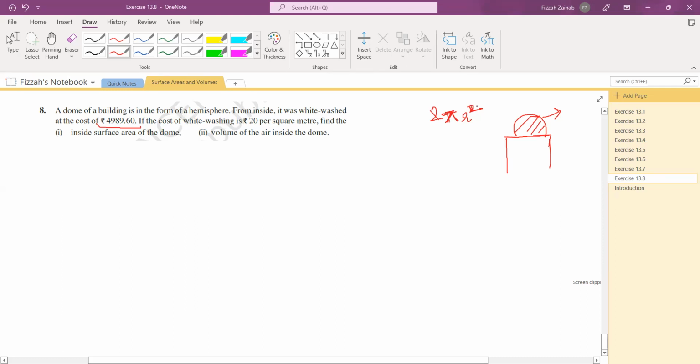Now, in this question, you are not given what is the radius, right? Not the inside radius, not the outside radius. So we will simply use r. We will find the answer in terms of r only. So let the inner radius be r, because we are interested in the inner part.